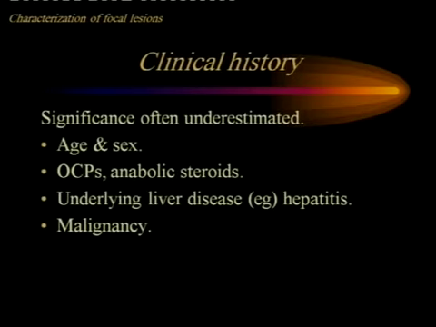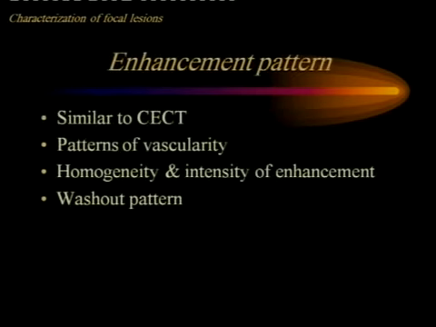Knowing whether underlying liver disease is present or not, if they have hepatitis or cirrhosis or other underlying hepatic disease, and whether or not there's any extrahepatic malignancy that the patient harbors. So all of this, plus other information, is central, I think, to being able to focus your differential diagnosis. So we should not underestimate getting good clinical history.